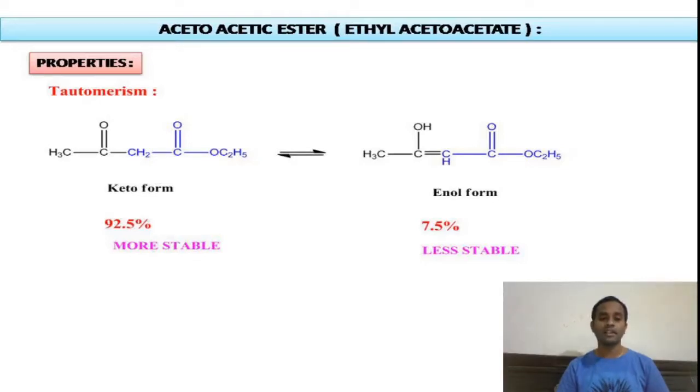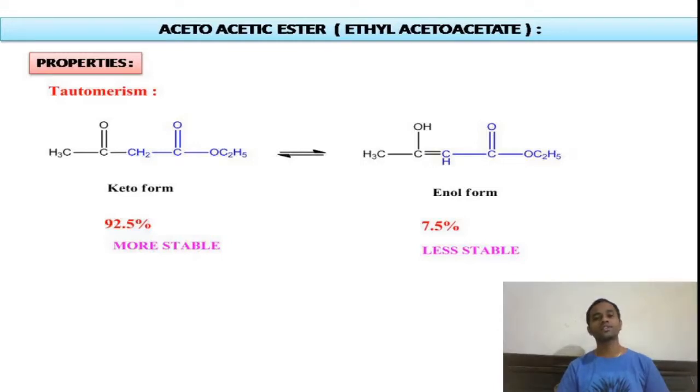Therefore we can say that tautomers are nothing but readily interconvertible isomers, right? And they are real. We can prove their presence practically, and the keto form is more stable, the enol form is less stable.